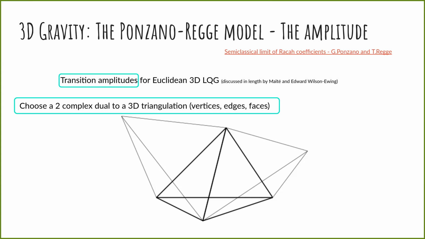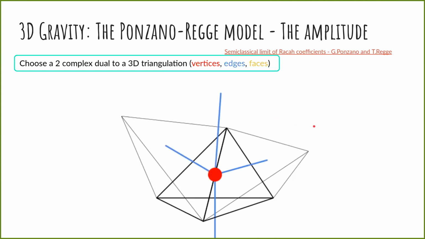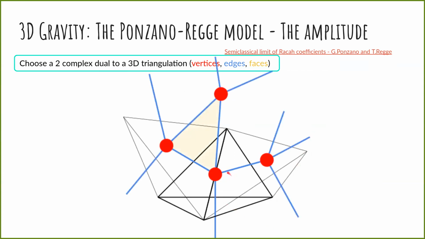The 3D triangulation is made of tetrahedra glued together, and the 2-complex is made of vertices, edges, and faces. The vertices are dual to tetrahedra. The edges of the 2-complex are dual to triangles, and the faces are dual to segments. A face is a closed loop, if you want, following edges connecting different vertices.